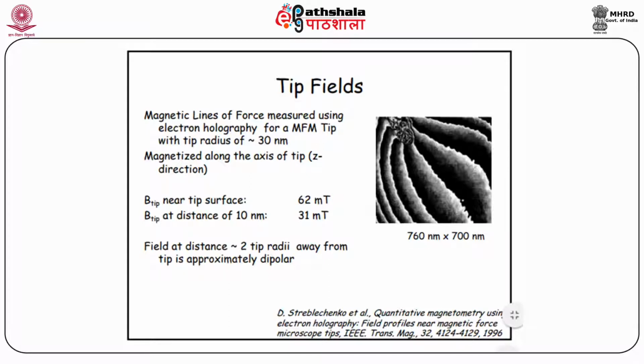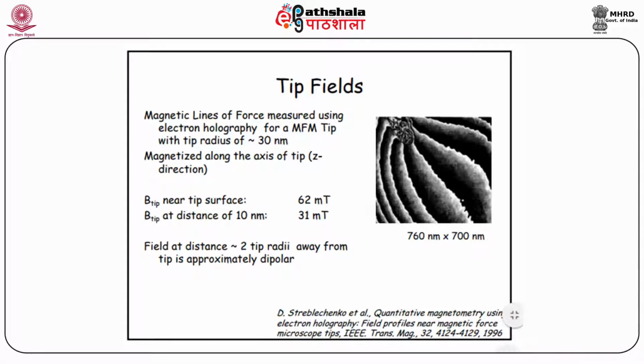B tip near the surface, then B tip at a distance of 10 nanometers have been shown. The field at a distance 2 tip radii away from the tip is approximately dipolar. So this has been shown here with tip field effects.